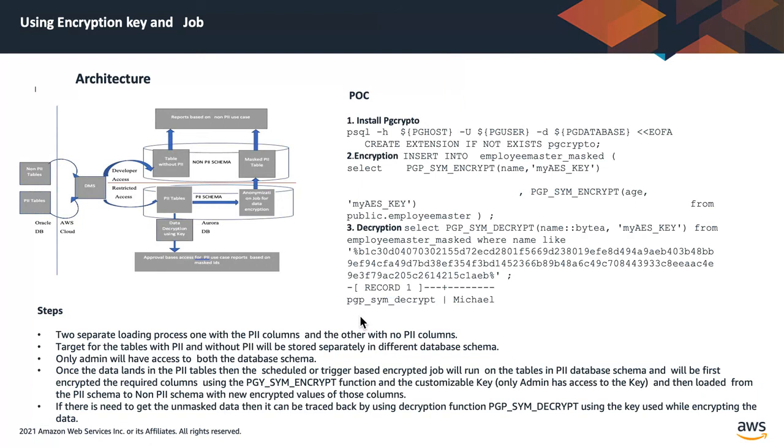Yeah, in this case, if you don't have the key, then you will not be able to decrypt the data. So that is a risk involved. You can save the key using Secrets Manager, and you can store it somewhere to make it more sustainable, right? Otherwise, with this approach, if you lost the key and you have only the ciphertext value, then you cannot track back, because if you could track back, it would again expose your data, right?